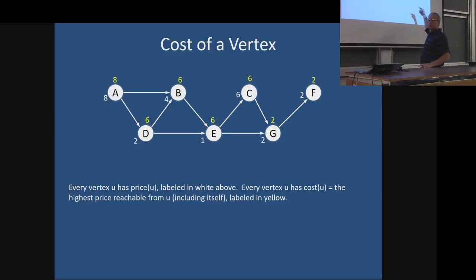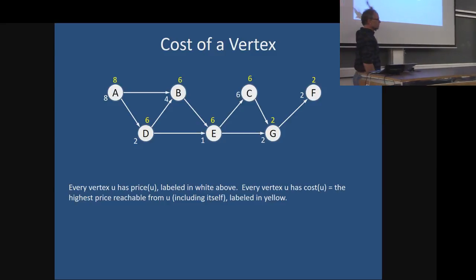Okay, so we're going to do it in reverse topological order, so that when we go to compute D's cost, we've already computed the cost of B and E. Those costs have it baked in. If you know the cost of B and E, there's no need to look at the price of anything else, because if there's a big price further along, it will be incorporated into B or E's cost.